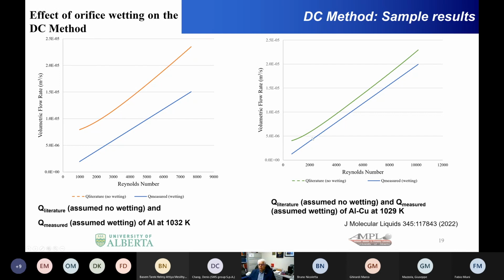Here on the right, we see the same results. The experimental measurement is below here in blue. The predicted measurement is in green, and this is for an aluminum copper alloy. Again, the experiment was done using alumina as a crucible. All the previous work that was done on aluminum was done using graphite.